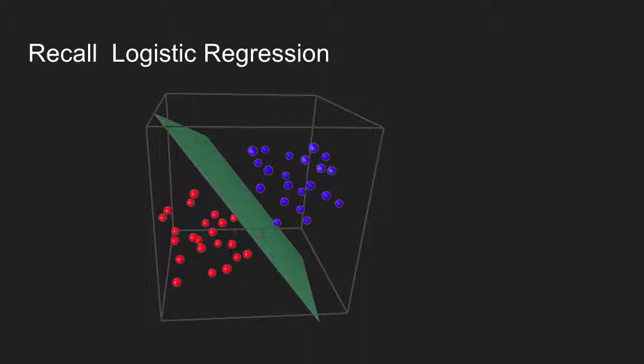So basically, we're doing a classification problem in some number of dimensions, right? And as a result, we have some linear hyperplane that'll classify our points. Those on one side are red, those on the other side are blue. Cool.